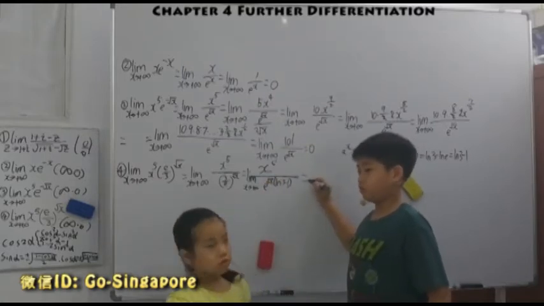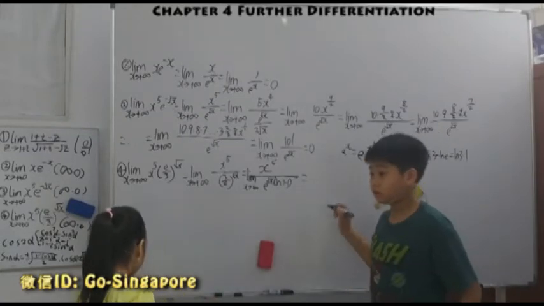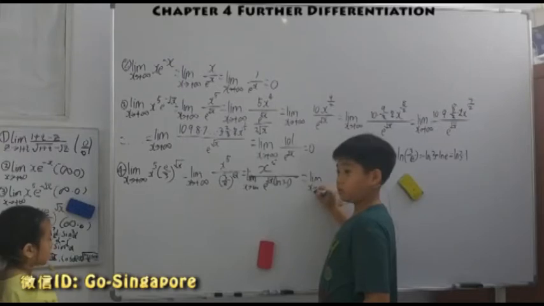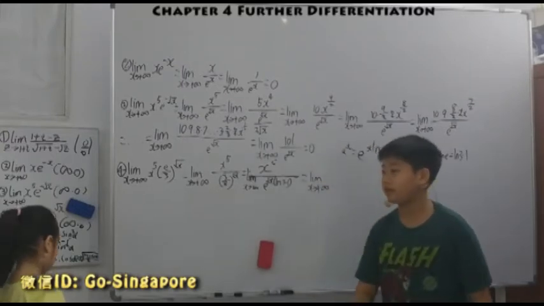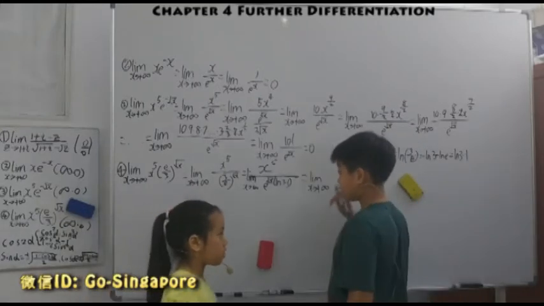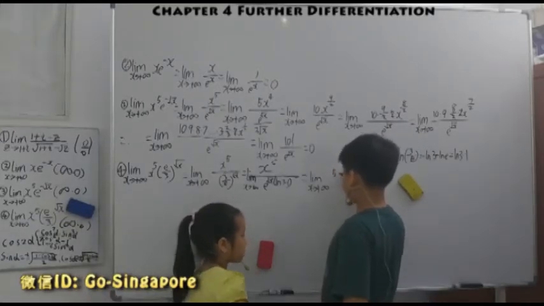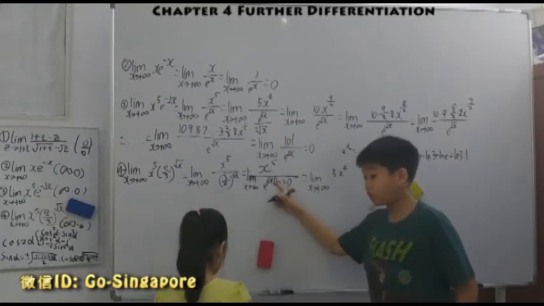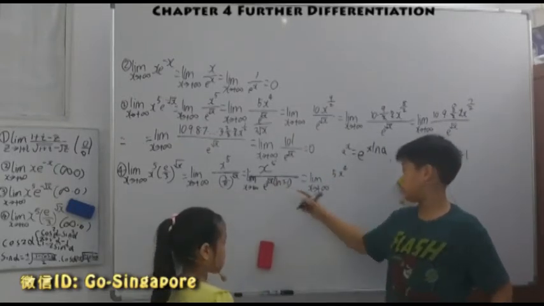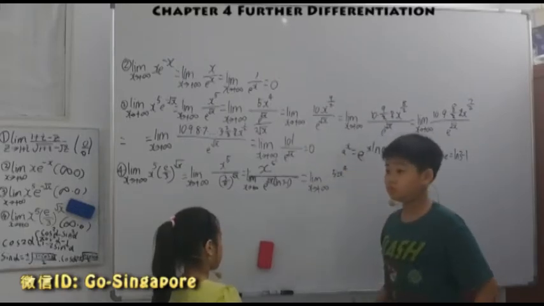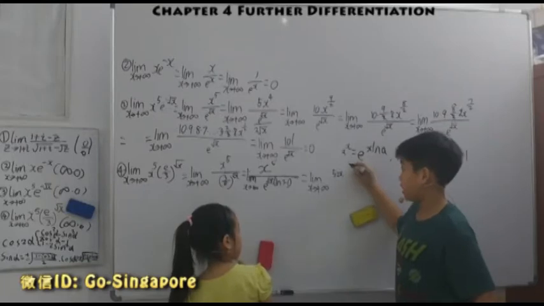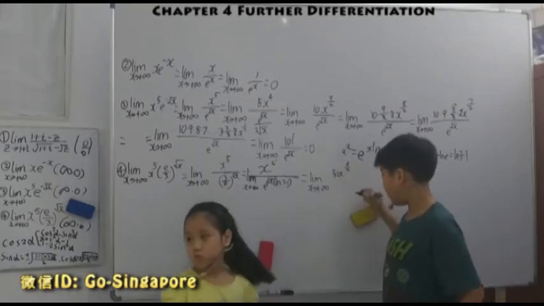So here there is this limit x approaches positive infinity. Okay, let's start the differentiation. So this is 5 x to the power of 4, right? But don't forget this square root x flips up times 2. Then this becomes 9 over 2, right?